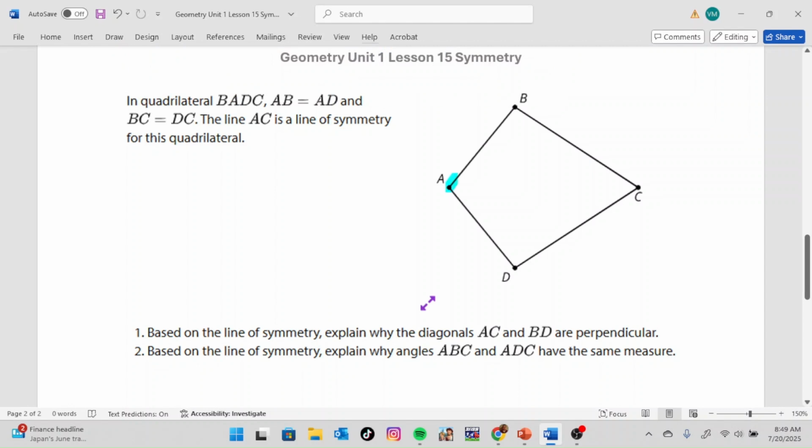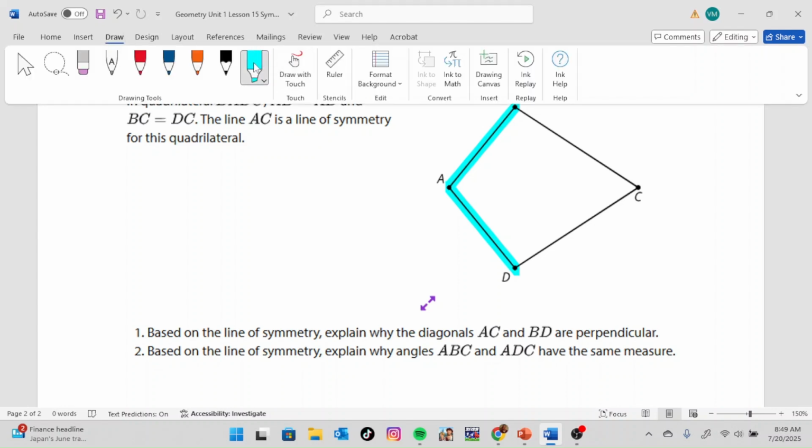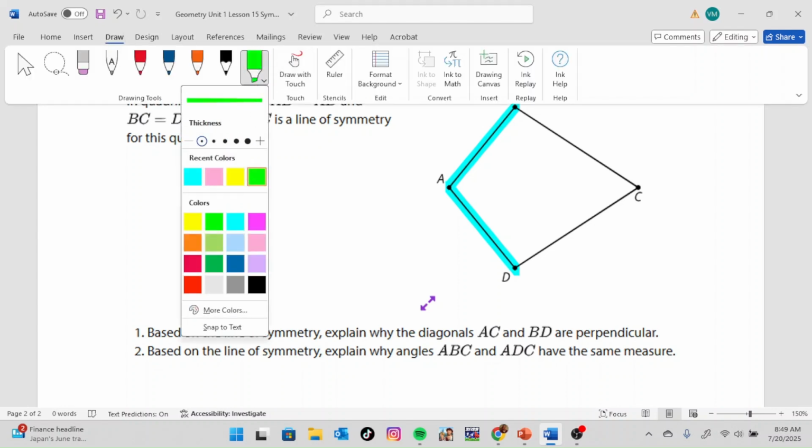We're saying that line segment AB is equal to line segment AD. And we're saying that line segment BC is equal to line segment DC. So let me highlight this in another color.